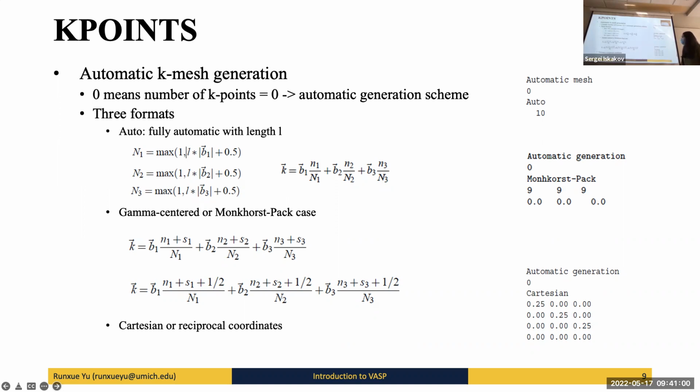Wait a minute. So if I want a gamma-centered grid, what do I do? Yeah, so this line defines the big N1, N2, N3. Right. And this line defines S1, S2, S3. And so if I want to have the non-gamma-centered grid, what do I do? You can use the third one, if you just want to have a shift.